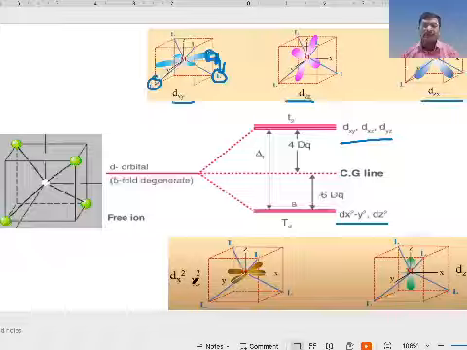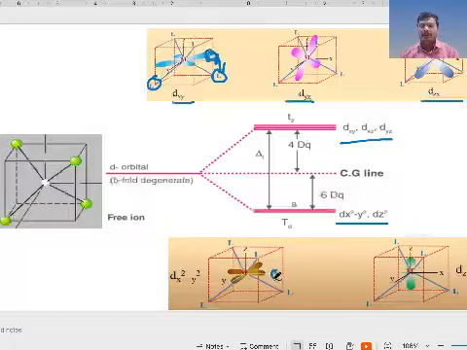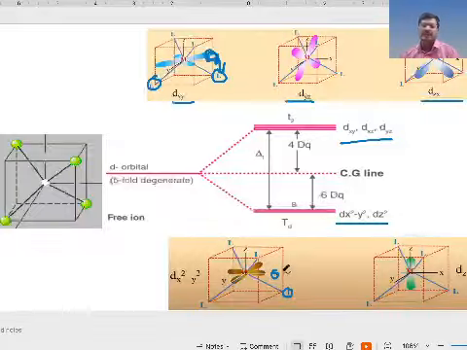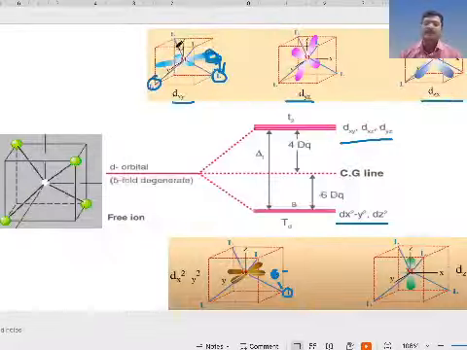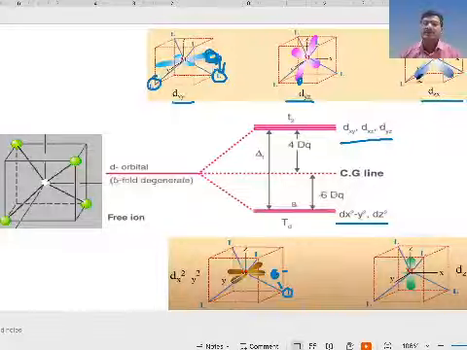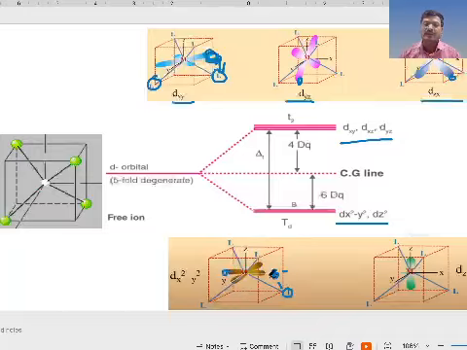When you come to dx square y square and dz square, the lobe of the orbital is present at the center of the plane and it is a little bit far away. In this case the lobe is here and in this case the lobe is here. It is a little farther away compared to xy, yz, xz. So the lobes are present at the center of the corner in one case and at the center of the plane in the other.